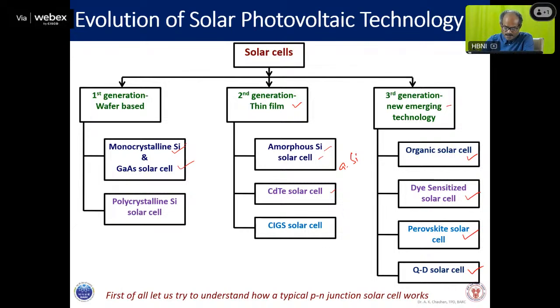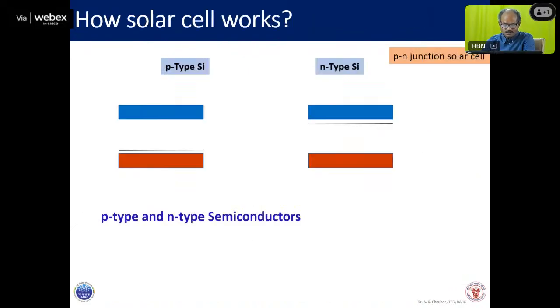So let us try to understand first, before we go into making and learning other things, how a typical PN junction solar cell works. All of these use PN junctions for converting light energy into electrical energy. This we learned yesterday.